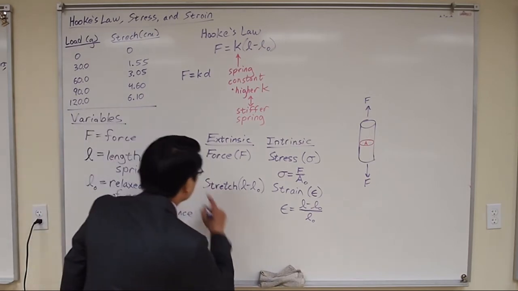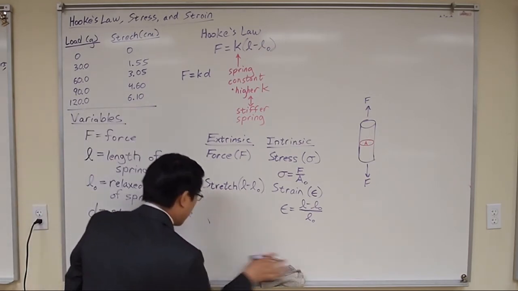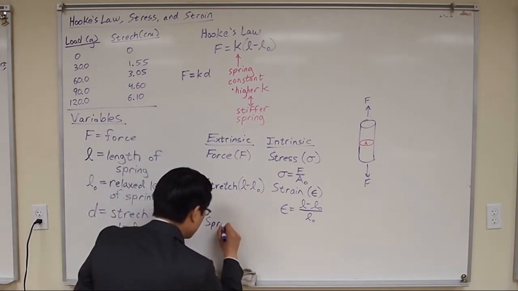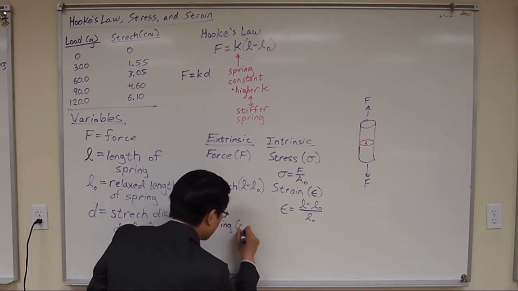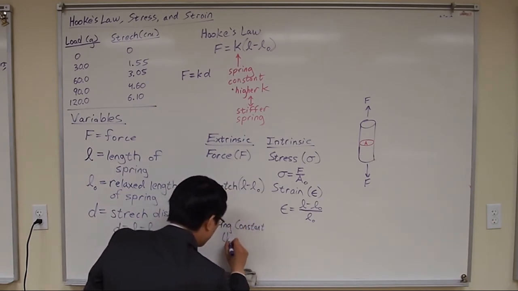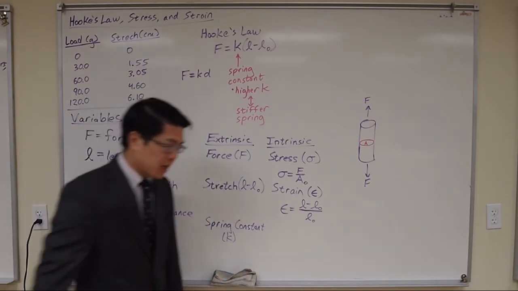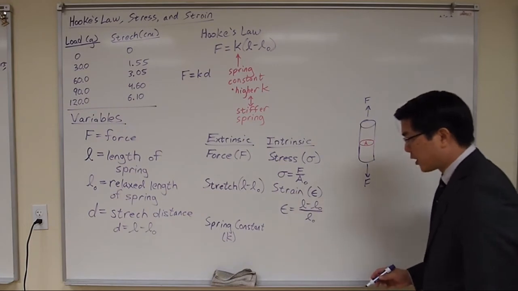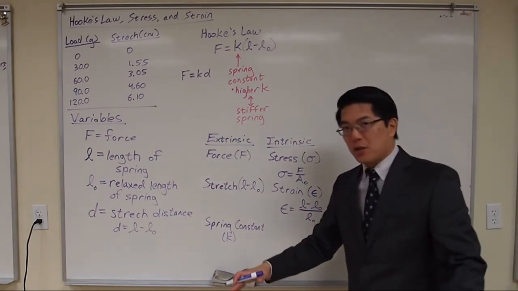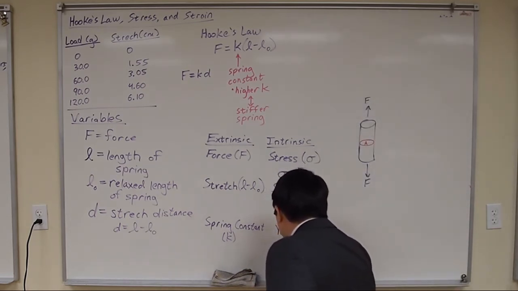But we have the spring constant. That is an extrinsic property. It depends on the shape and size and the material that the spring is made from. The intrinsic version of that only depends on the material, and is called Young's modulus.